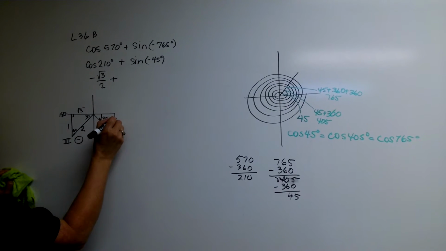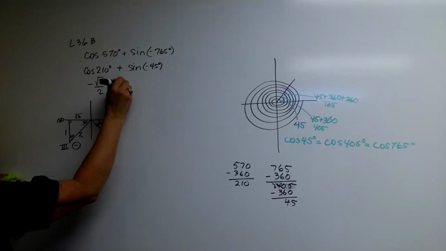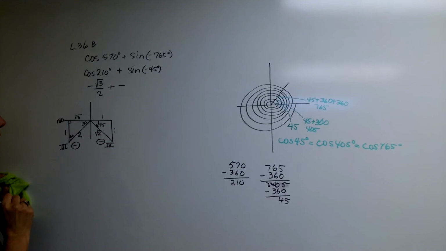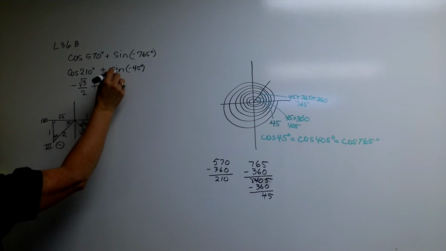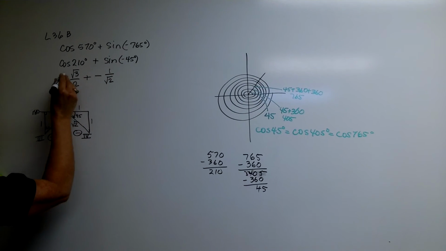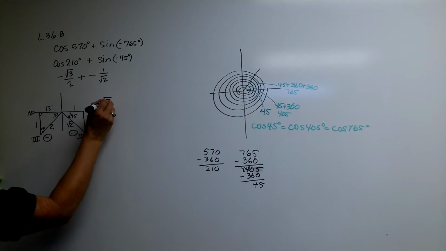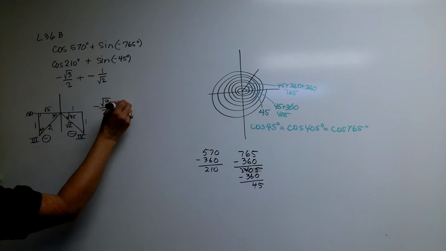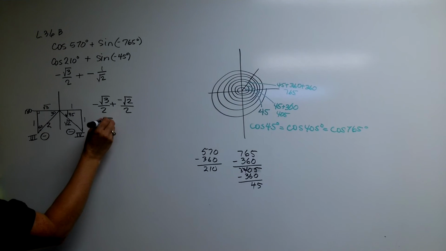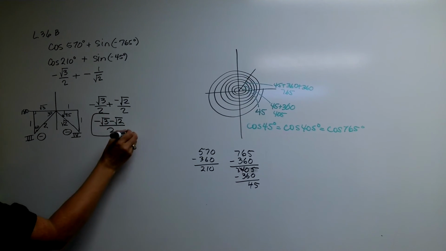My sine is negative in the fourth quadrant, and I know from my reference triangles, I've got a 1, 1, and a square root of 2, so the sine is 1 over the square root of 2. We rationalize that denominator. We've got negative square root of 3 over 2 plus negative square root of 2 over 2. So we've got the opposite of the square root of 3 plus the square root of 2, all over 2.